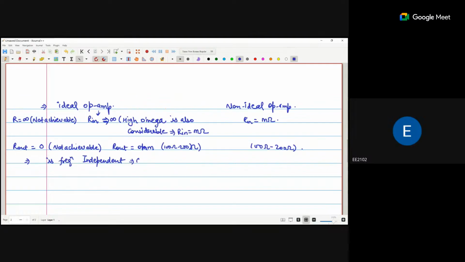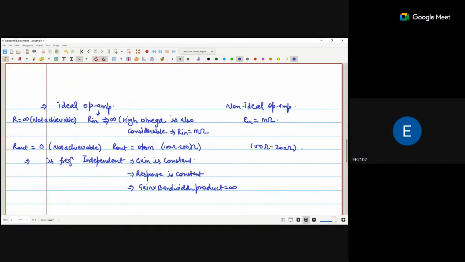That means gain is constant, the response is constant, and the gain bandwidth product, gain multiplied by bandwidth, is infinite.